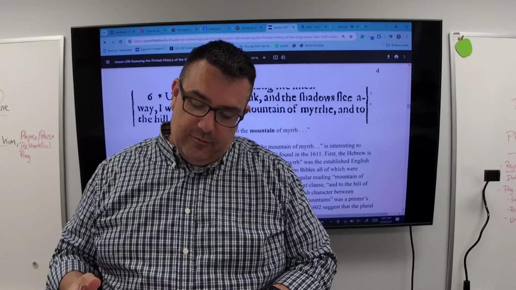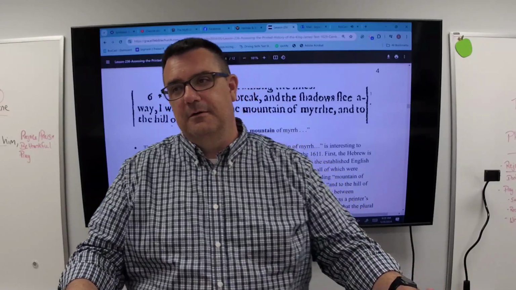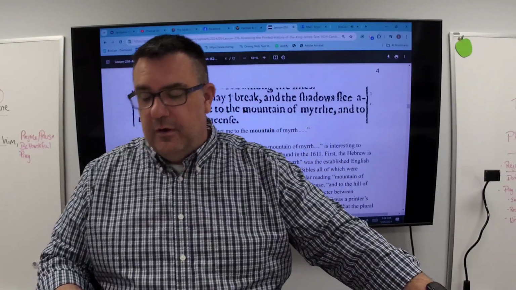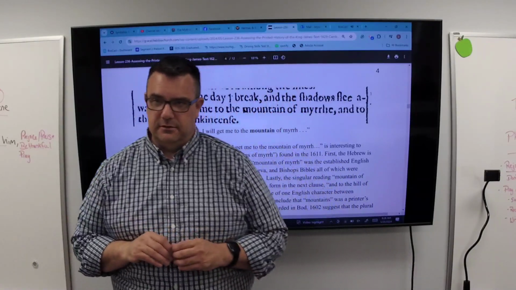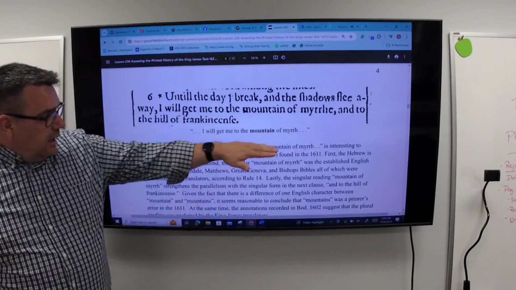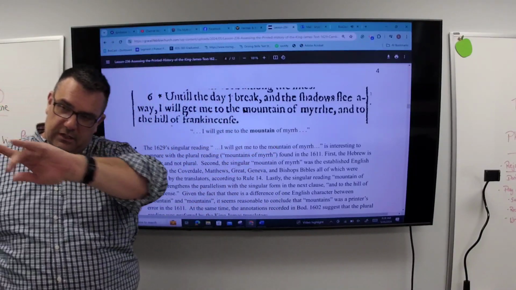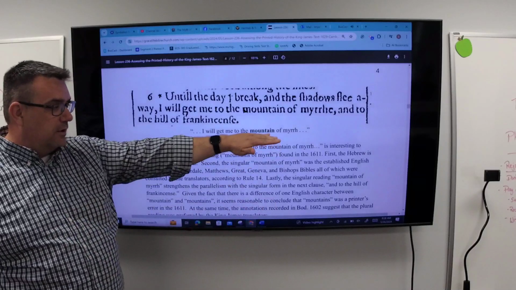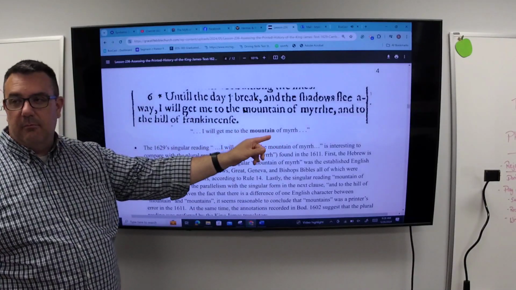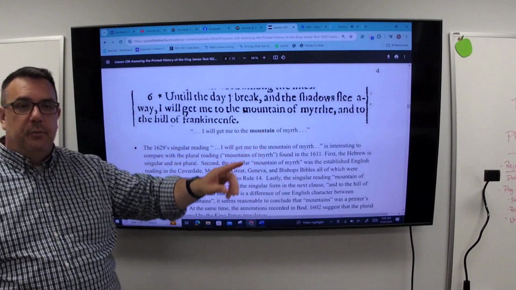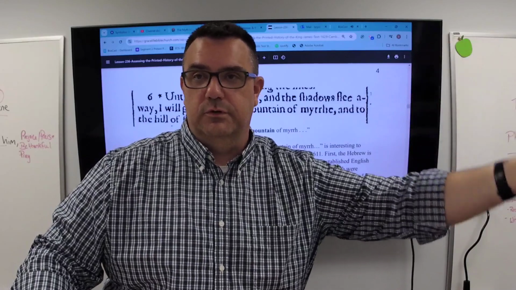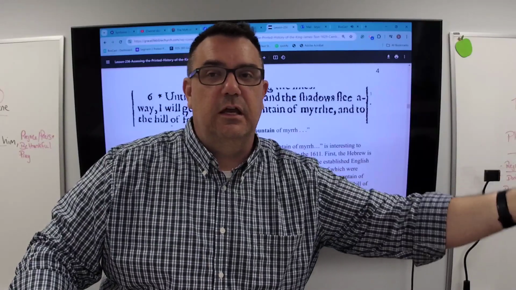Any questions before we move on to the next one? All right. Professor Norton tackles another example. And let me back up before I get into this. Do you see what Norton is suggesting is that when the 1629 Cambridge editors were looking at this verse, the reason they switched it to mountain is because they went and looked at the Hebrew, and they saw the Hebrew was what? Singular.